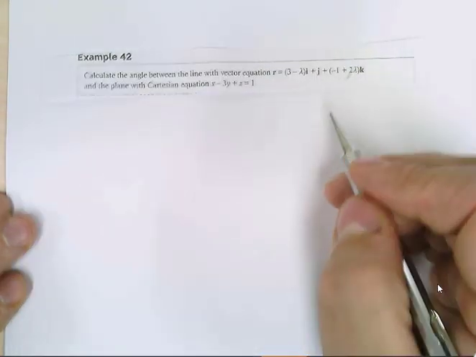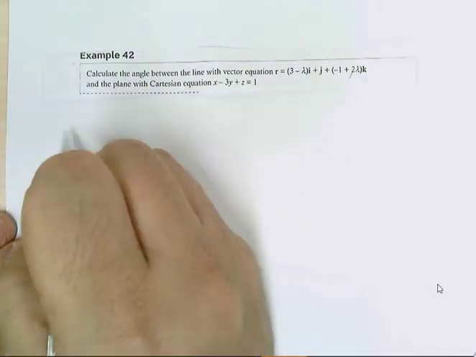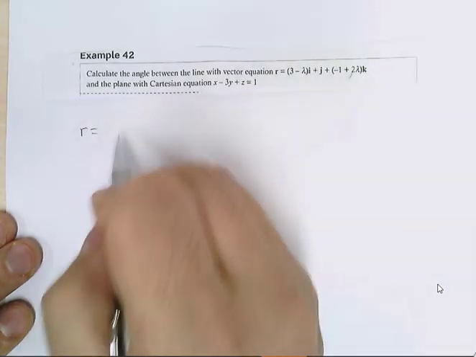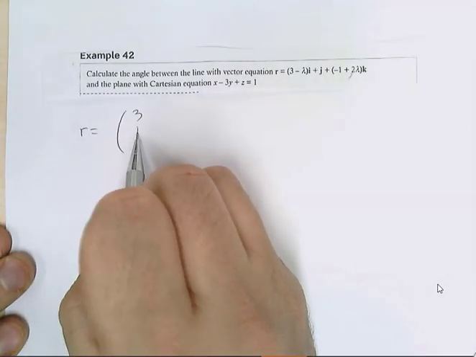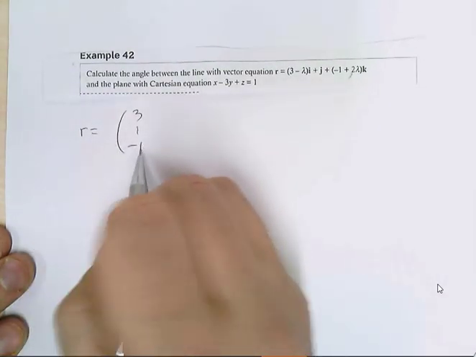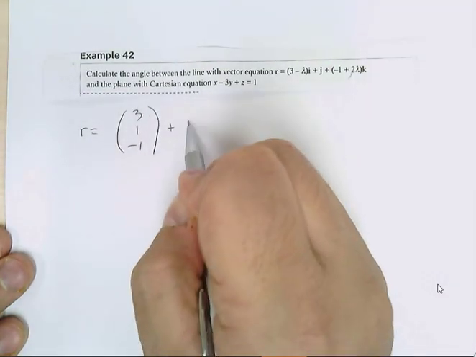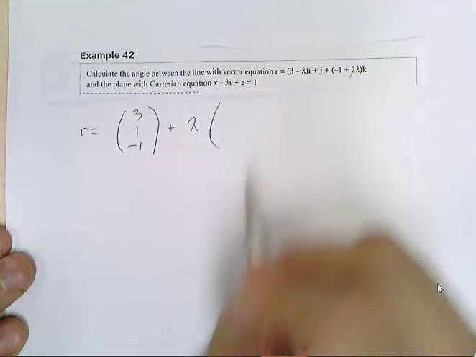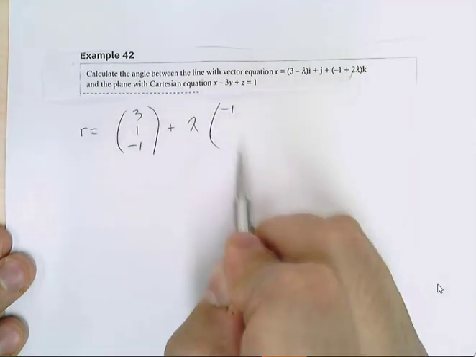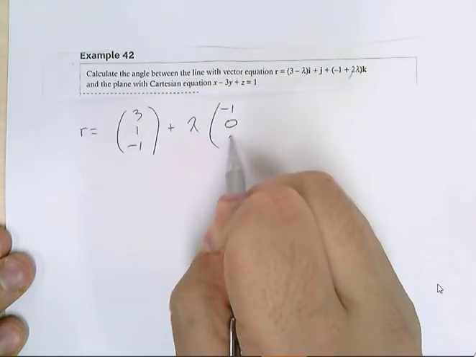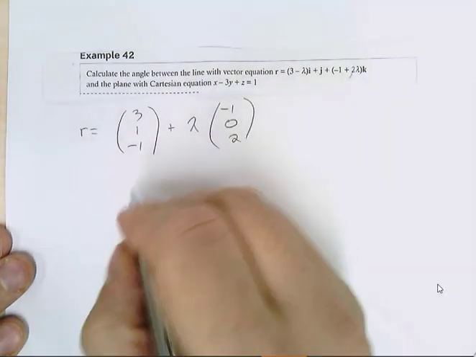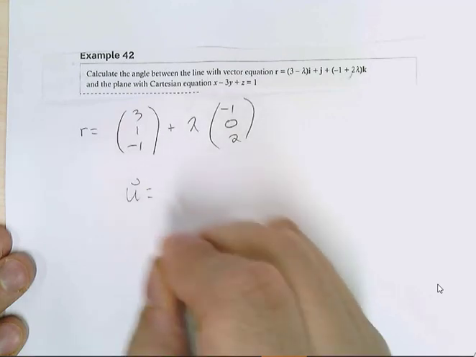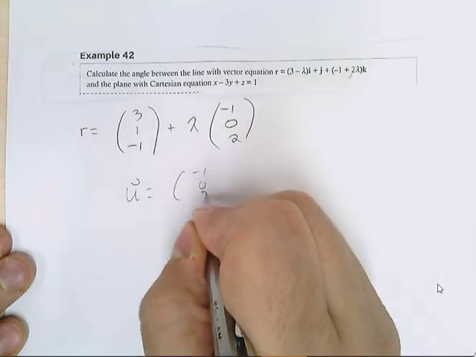The first thing, if you notice, r can be written as (3, 1, -1) plus lambda times (-1, 0, 2). So the vector in this line, u, is (-1, 0, 2).